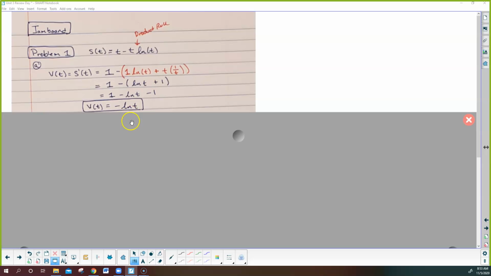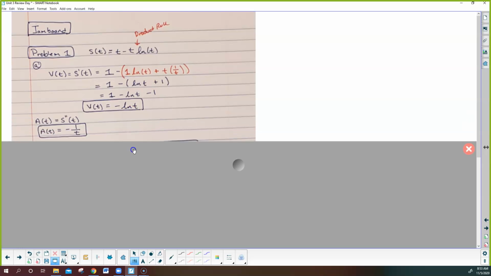So now that I know the velocity, to find the acceleration, we just take the derivative of that, or that's the second derivative of the original displacement. And then the derivative of ln of t is just 1 over t, and the fact that it's negative from before makes it negative.